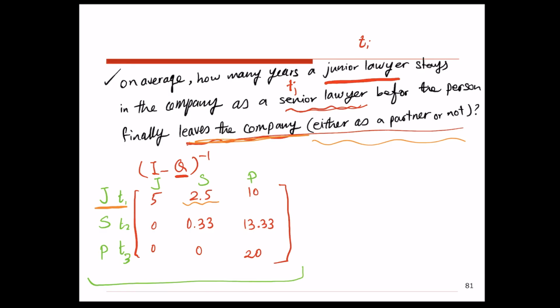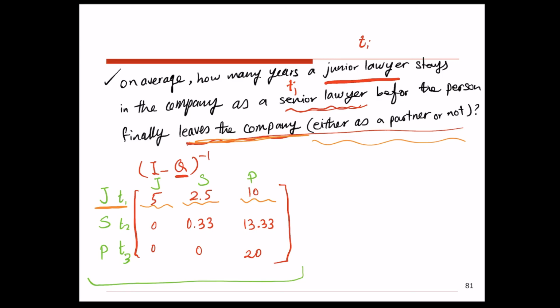On average, I will spend about 5 years in this company as a junior lawyer, and I also spend about 10 years in this company as partner before I leave this company as either partner or non-partner.